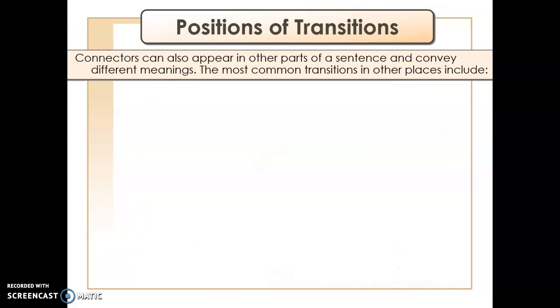I want to talk about one more thing before we leave here today, and that is the position of transitions. Now, connectors can also appear in other parts of a sentence and also convey different meanings.